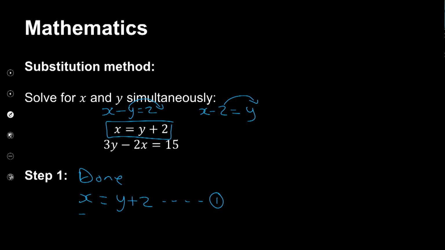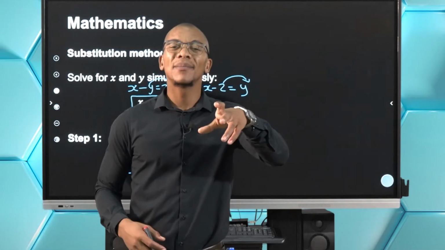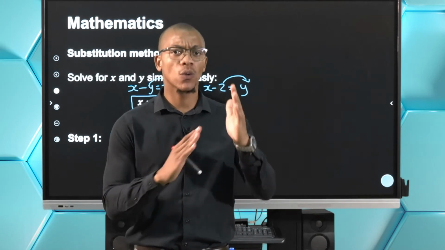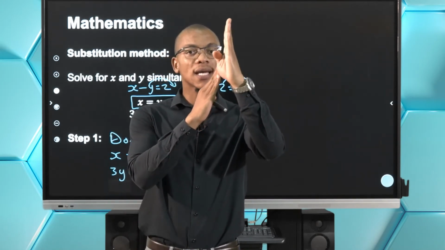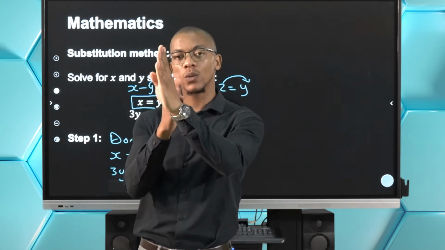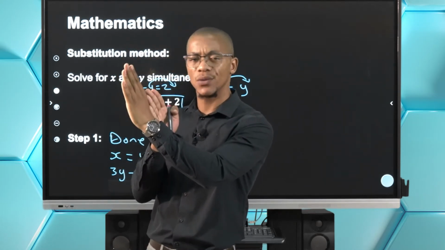And then I will say 3y minus 2x equals 15. And this will be step number 2. Now, with the elimination method, we spoke about rearranging the terms. But here you don't need to rearrange them. Why were you rearranging them? It's because you wanted the x's to align with one another, the y's to align with one another, the constants to align with one another.